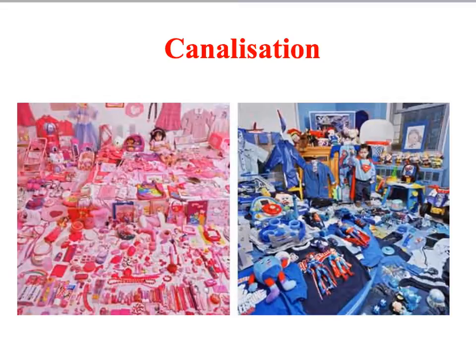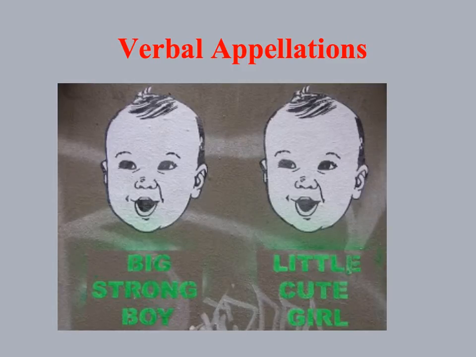We could also look at the way in which language is used to reinforce a certain gender identity. So the use of verbal appellations, the use of language to label children in a way that reinforces what the parents consider to be appropriate gender identification.